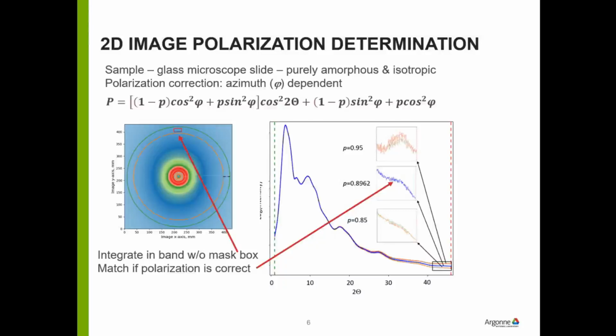So if you use it in the integration, you'll get one curve. If you don't use it in the integration and polarization is incorrect, you get a slightly different curve, because this spot with this high polarization correction has been left out. And you do it over a narrow band to improve the signal.